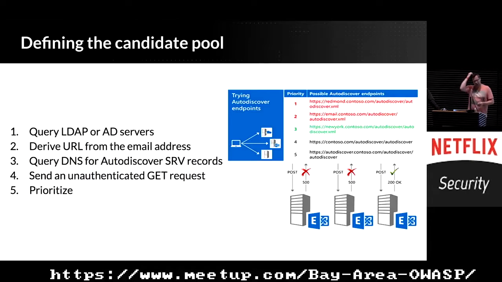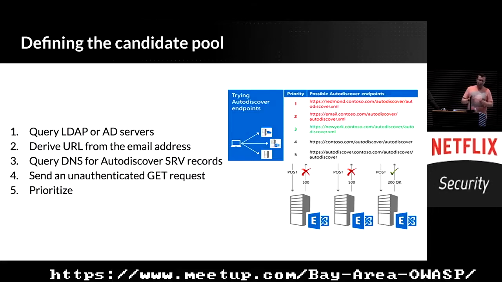How the candidate pool is defined works in different ways. First of all, if you're inside a network and you can reach LDAP or Active Directory servers, the client will first try to contact those servers to get information about AutoDiscover servers. If it's outside the local network, it will try to derive URLs for the AutoDiscover server from the email address.